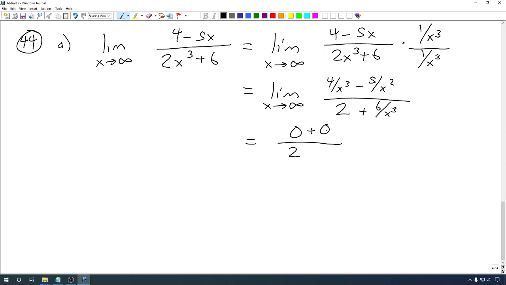But the x to the 0th power is going to 1. So we just end up with a 2 there. And finally, the 6 over x cubed is also going to 0. So we don't have to worry about infinities in this anymore. Well, the bottom is going to 2. The top is going to 0. So overall, this is going to 0. This limit is 0.